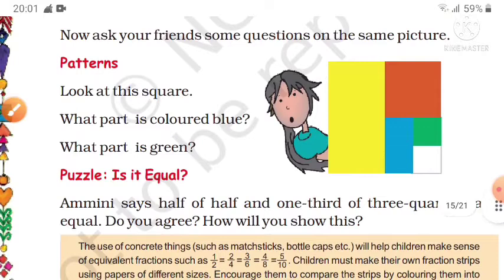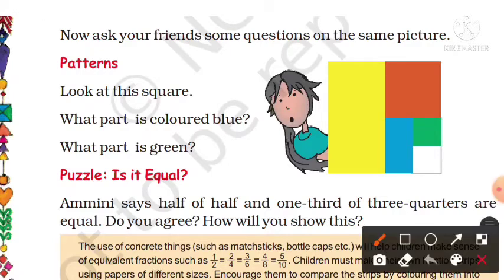next is the pattern. Look at this square. What part is colored blue? What part is green here? If you look at this figure, you can see it looks like a square. Now if we divide this square into 16 equal parts, it will be like that.